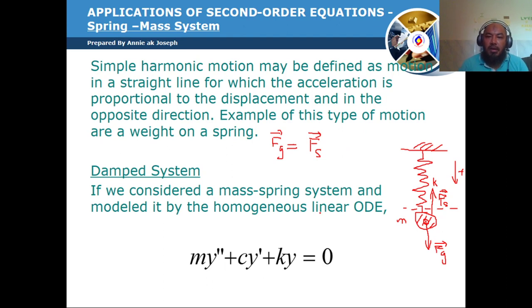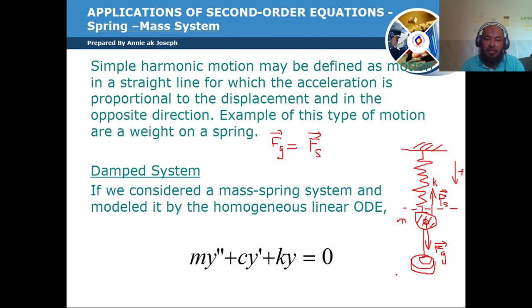Okay, and then if in this system we add one more, we add the damping system, damping like a dashpot. We add one more force actually. For example, let's say this is a dashpot like this.